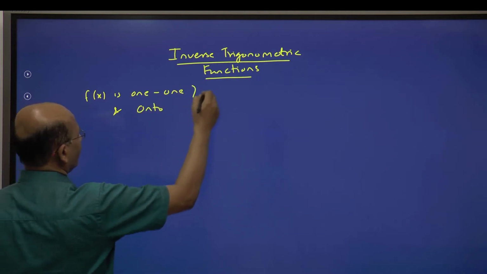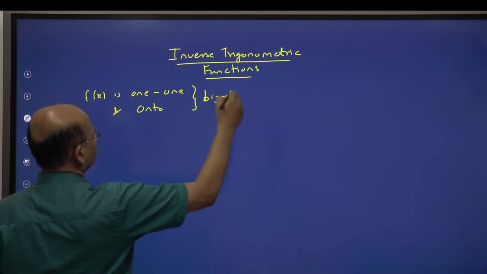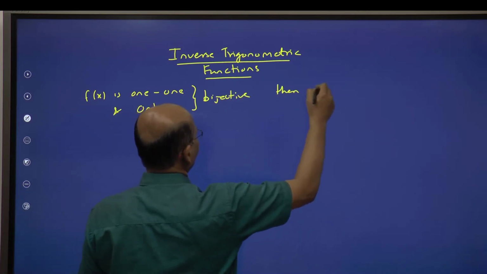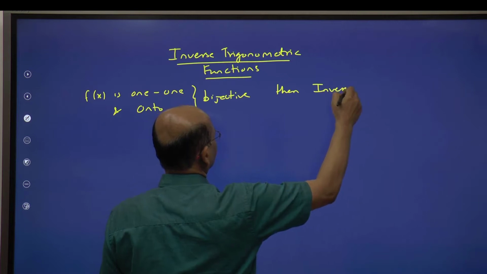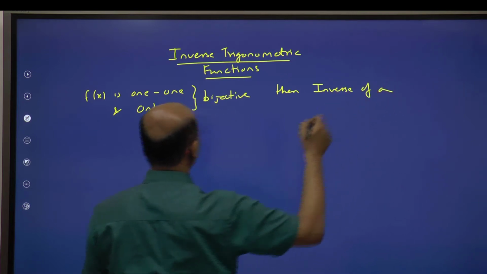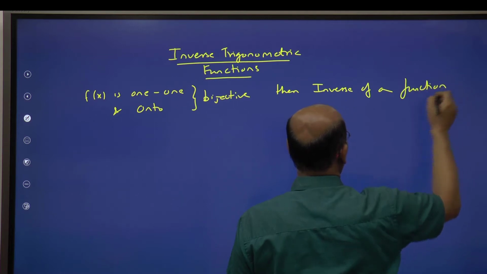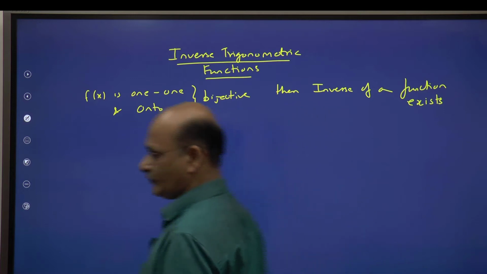That means if the function is bijective, then I can say the inverse of the function exists. I think I am very clear about it.